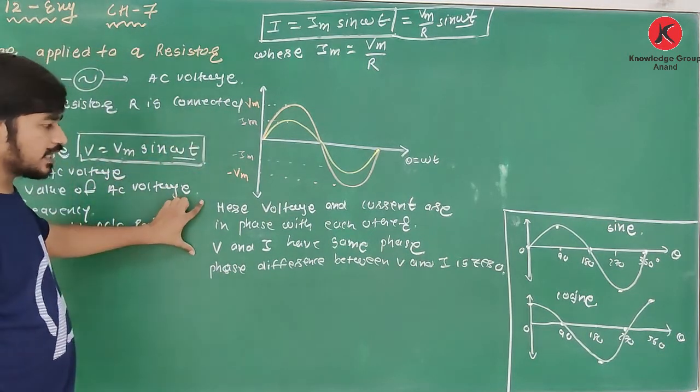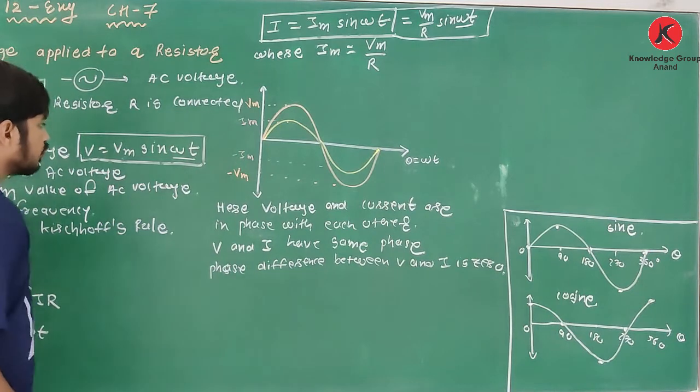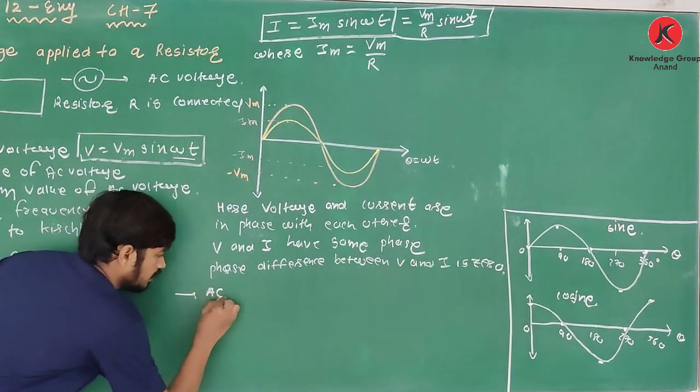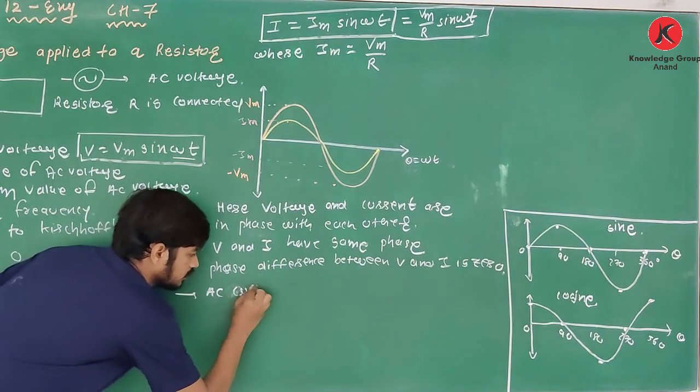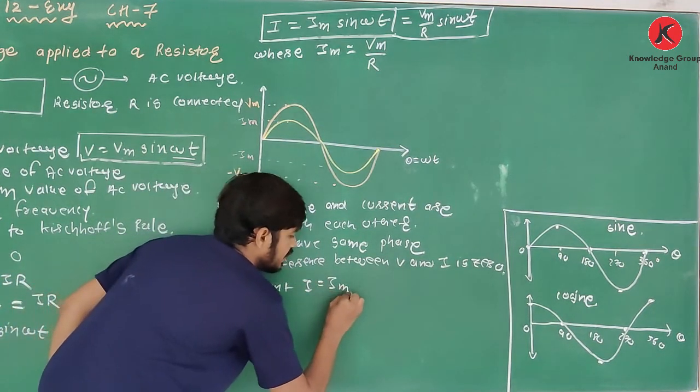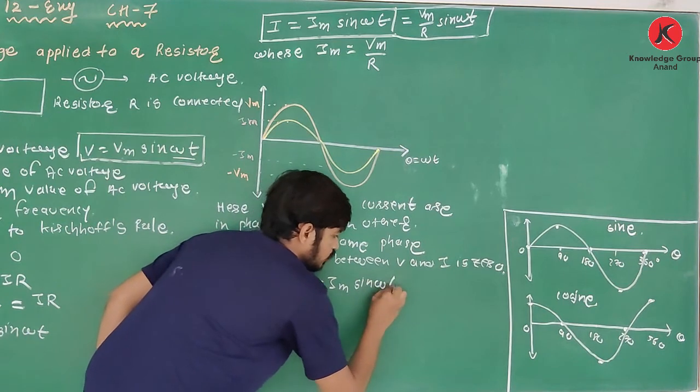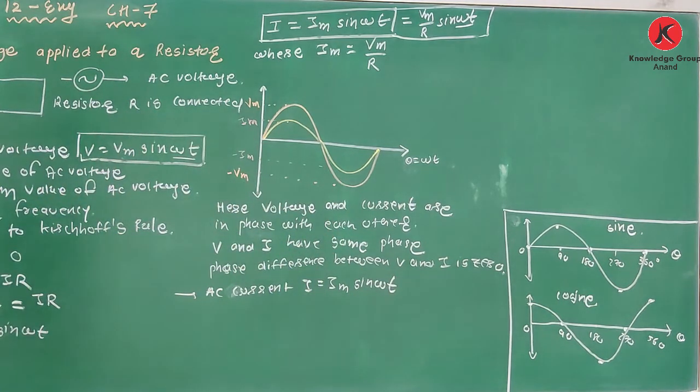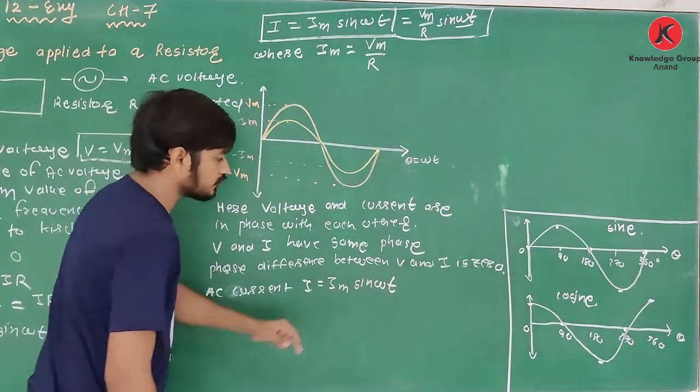Then you have to write this statement. Now we know that the AC current that we have obtained, I is equal to Im sine omega t. It is a function of sine.